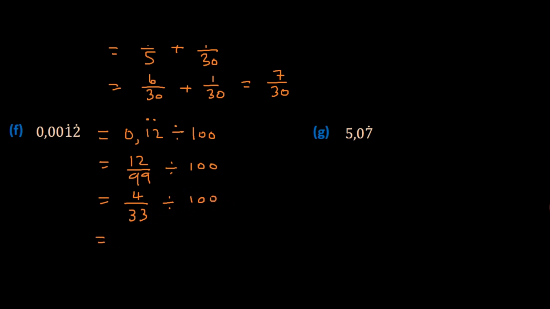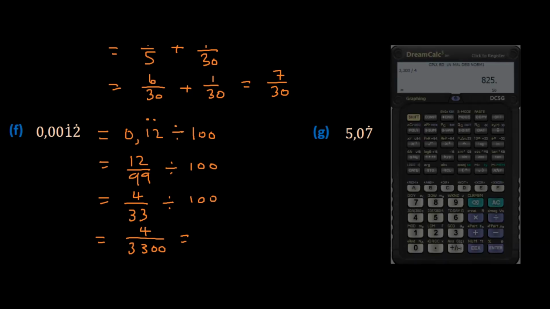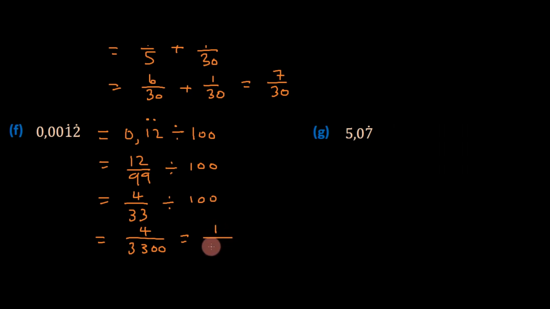And we're going to end up with 4 over 33 times 100 is 3,300. And we can see whether 4 goes into 3,300. It does. It goes 825 times. So it's going to be 1 over 825.